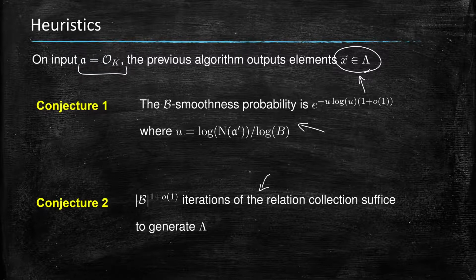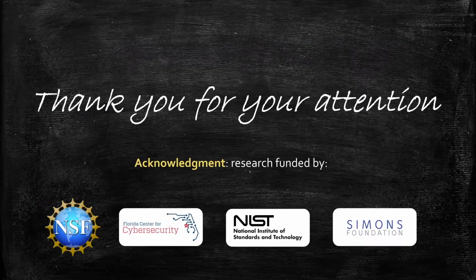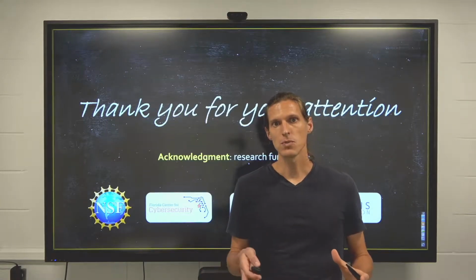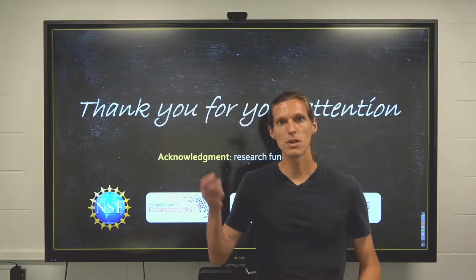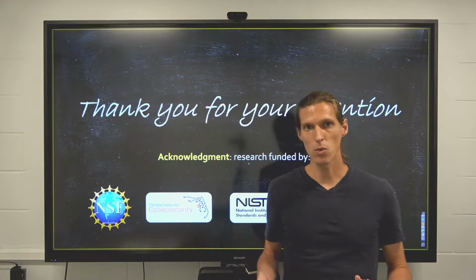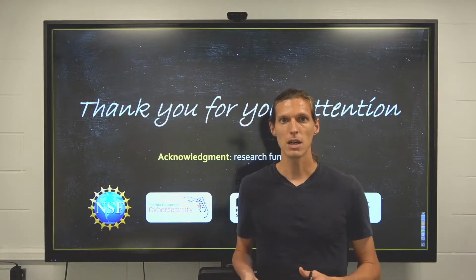Well, you would want to argue that you hit different cosets with good enough probability, and that is not necessarily the case unless you accept a second conjecture that basically tells us that we need the same number of iterations asymptotically as in Hafner-McCurley to complete our lattice of relations. Okay? So we've briefly presented the differences between classical computation when the degree grows to infinity versus when the degree is fixed, where things essentially work the same as in the Hafner-McCurley paper.